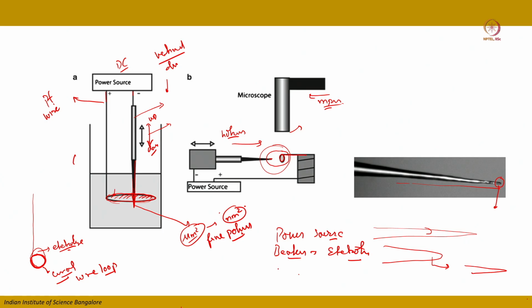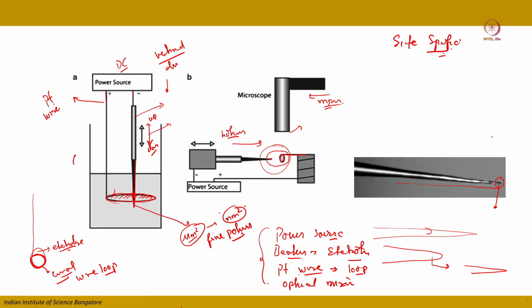You need an inert material, usually a platinum wire, okay, and the platinum wire which is made into the loop, and there is a binocular or optical microscope. These are the four to five important things which we need for electropolishing to be done.